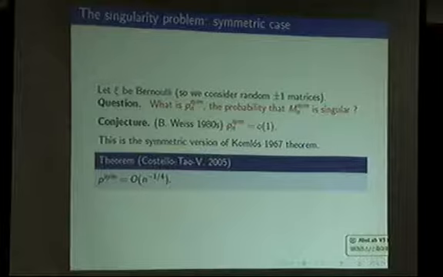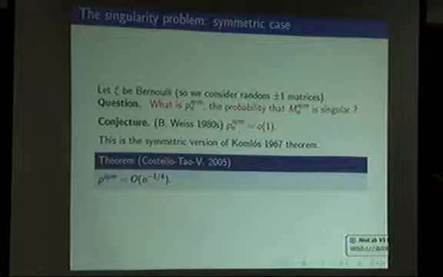As I told you, the symmetric case is usually much harder than the non-symmetric case. So now again we're considering P_n, but with the extra symbol sym here, and we ask the same question. It was conjectured by Benjy Weiss in the 80s that actually this goes to 0, which is not surprising at all, right?